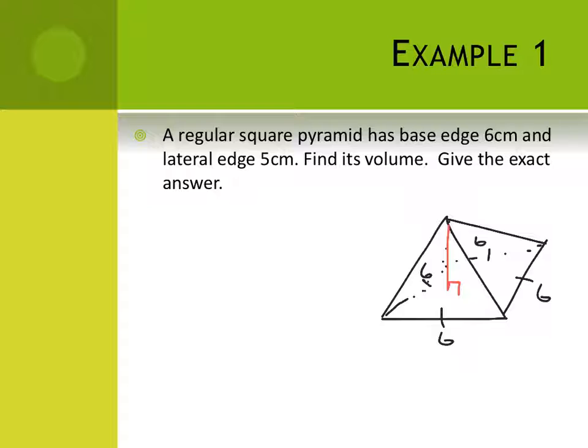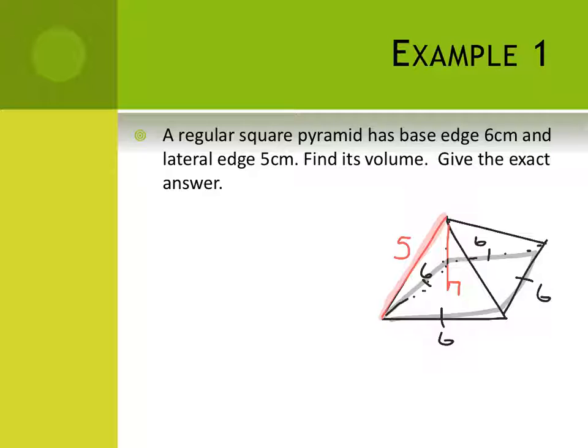It's kind of rough. So here is my square pyramid, and I can see that all of these edges on the base are 6. It also is telling me that I have a lateral edge that's 5 centimeters. So my lateral edge is going to be right here, and this one is going to be 5.